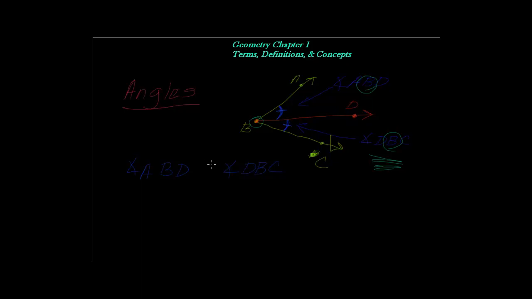If they are the same, we don't necessarily have to know what the measure of their angle is. But if we know they're the same, we can write this sign, which is particular to geometry, which is read congruent.